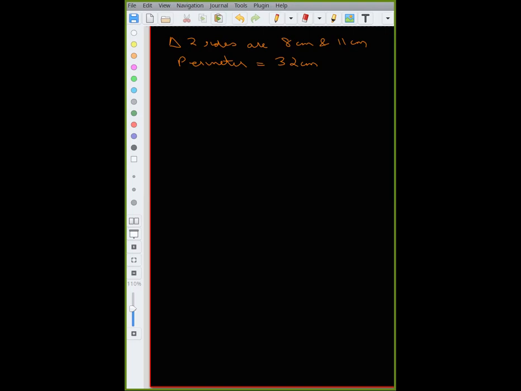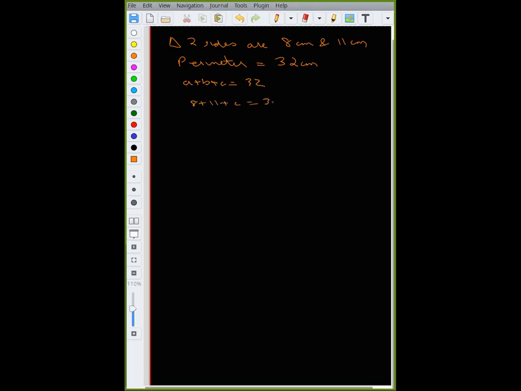Yes, sir. First we will find C. So that is 8 plus 11 plus C upon 2 is equal to 32. So we take a plus b plus c is equal to 32. So 8 plus 11 plus c is equal to 32. So c will be 19 plus, so 45. C was how 45? 32 minus 19, right?